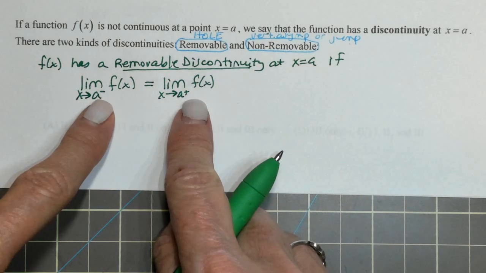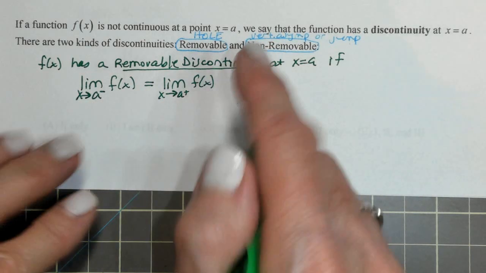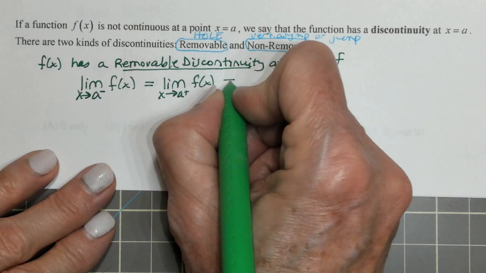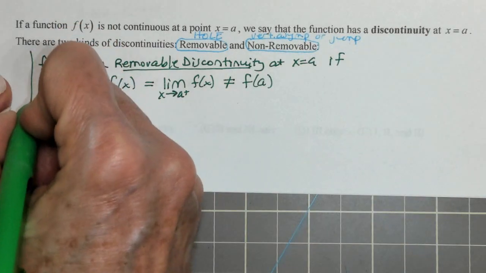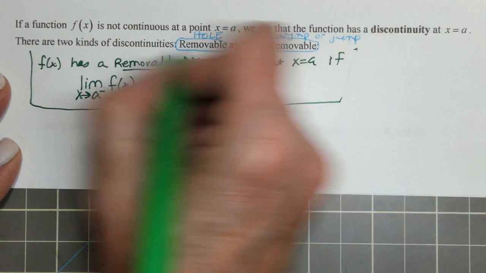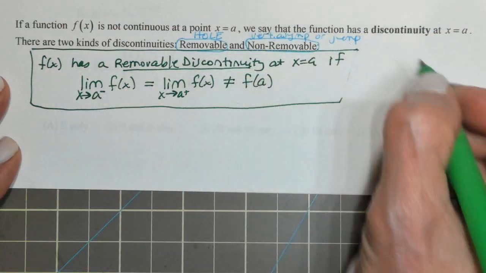They have to be going to the same spot from the left and the right. However, this is not equal to f of a. That is a removable discontinuity. Okay.